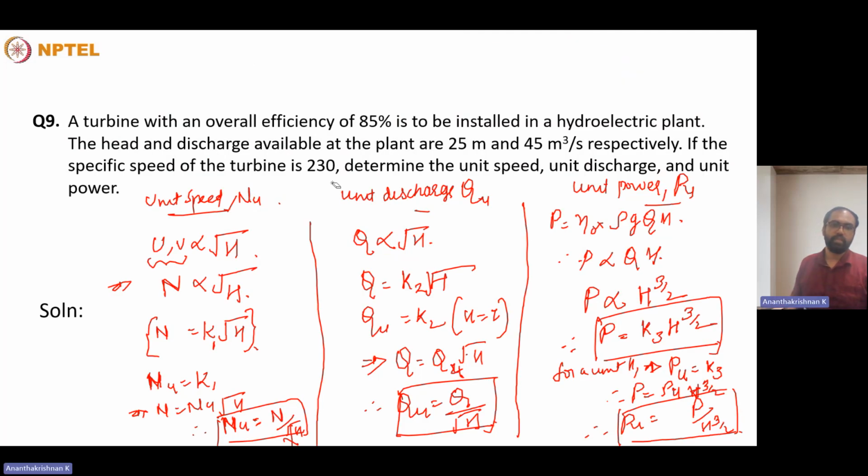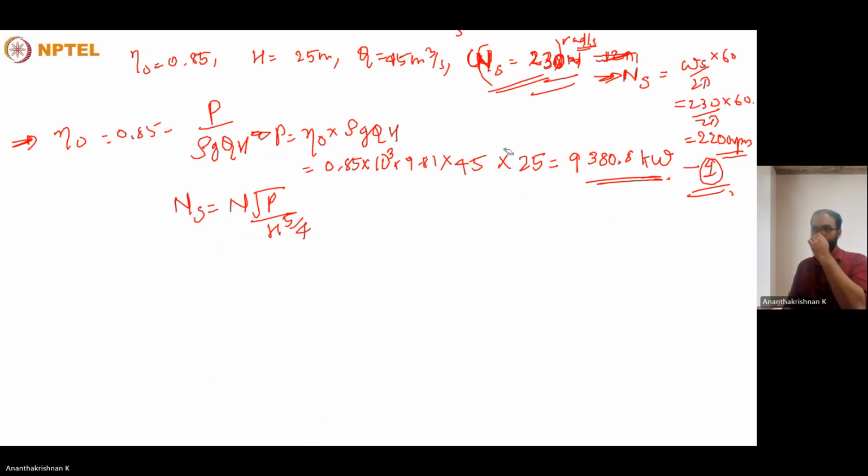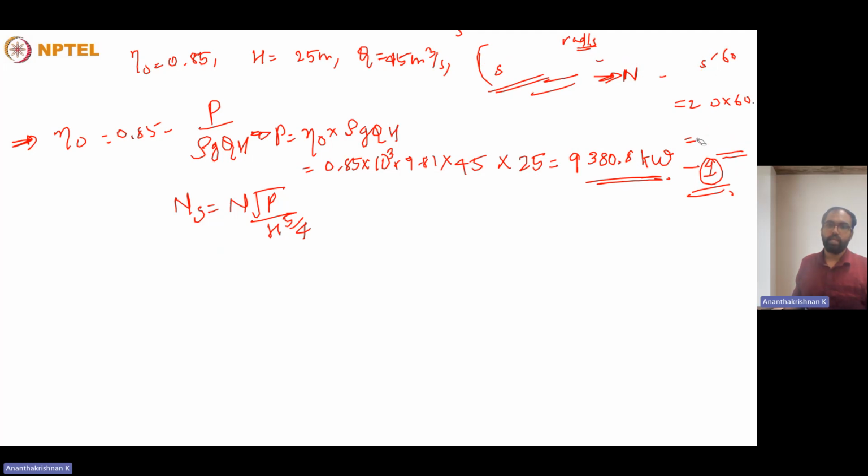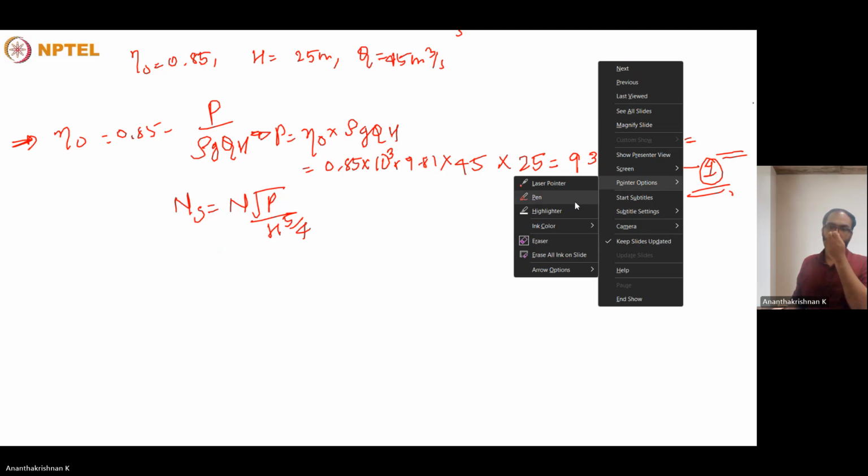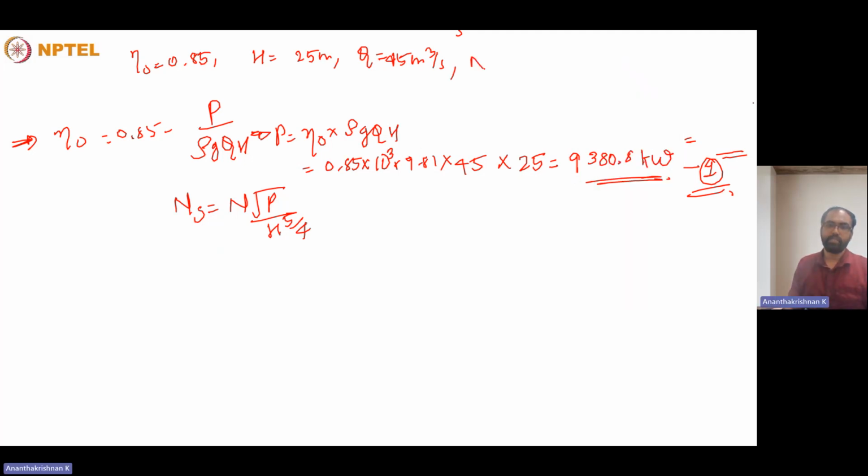So this specific speed of the turbine is 230 RPM. This quantity is 230 RPM. So this is a dimensional quantity. So we need not do all these values. So we could have directly written it as the specific speed as 230 RPM.